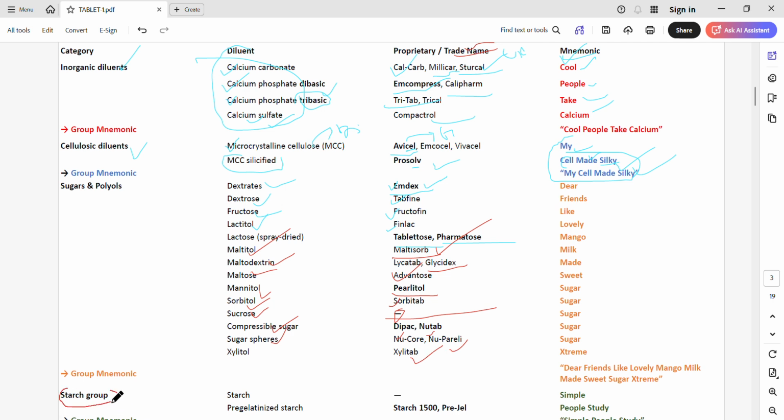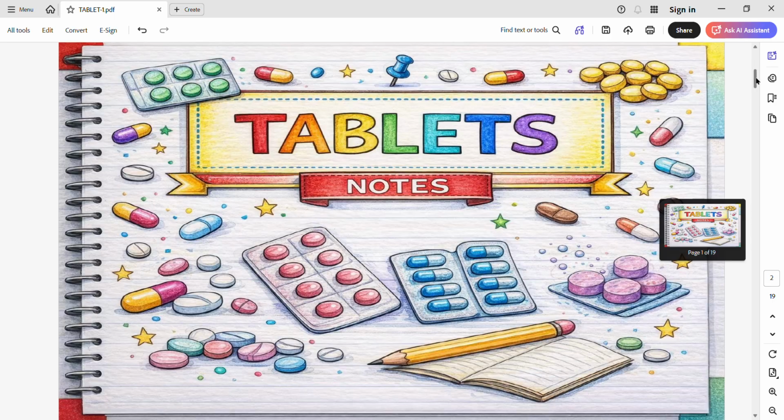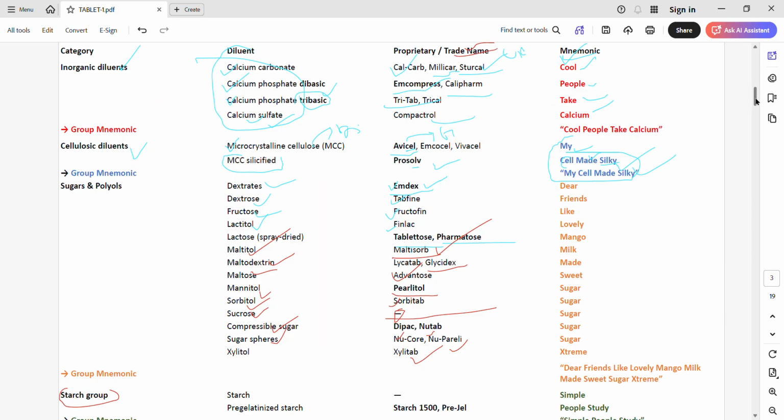Now we discuss starch. The pregelatinized starch is Starch 1500 or Pre-Gel. Here, three things are mainly important to know. First is microcrystalline cellulose, whose proprietary name is Avicel. We also have to know dextrates, whose proprietary name is Emdex, and another one is lactose, that is Tablettose or Pharmatose.